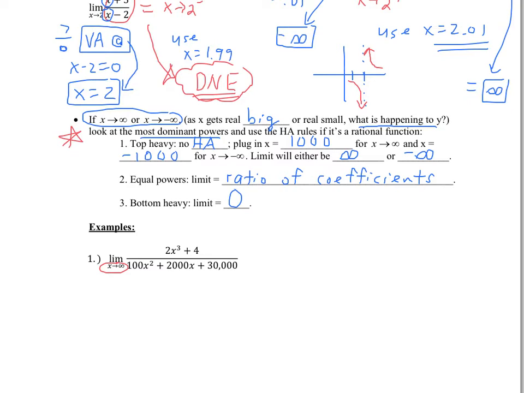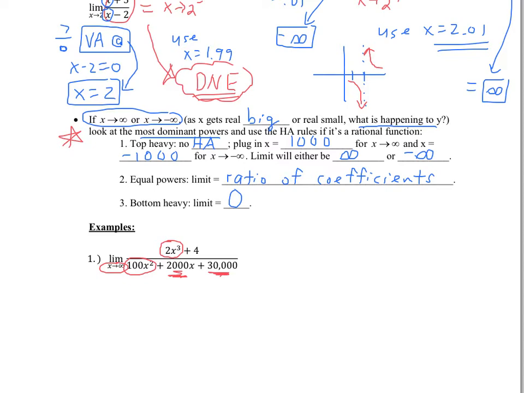If we look up top, the most dominant term, meaning the one with the greatest power, is 2x cubed. In our denominator, the most dominant term is 100x squared. I purposely made these coefficients large to try to trick you. All right. What matters the most is the power of x, not the coefficients.